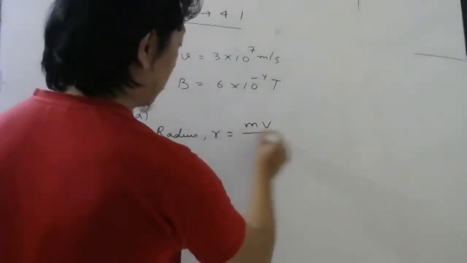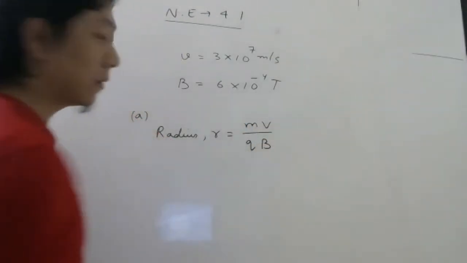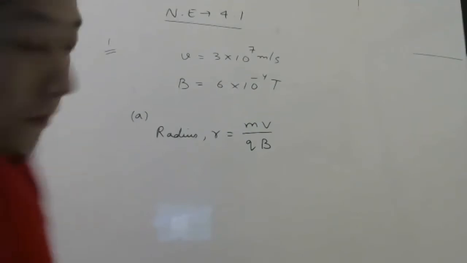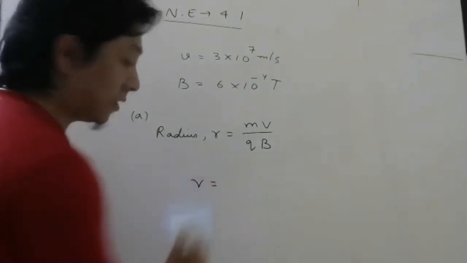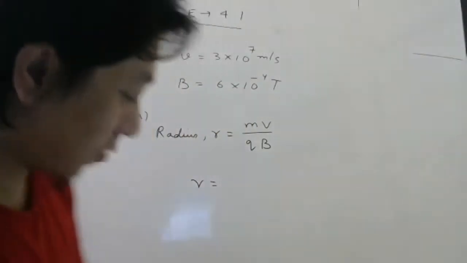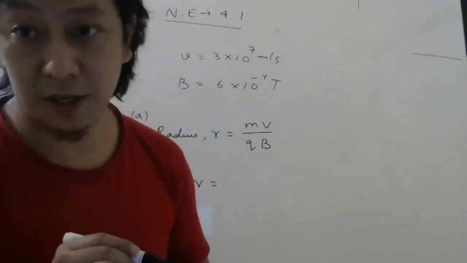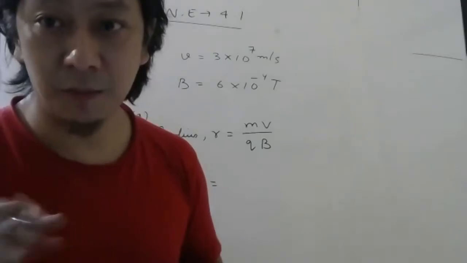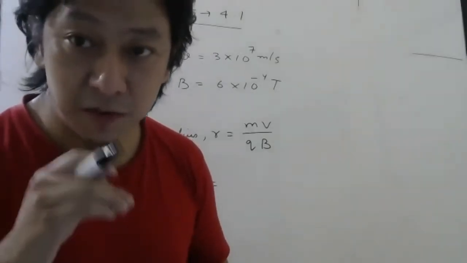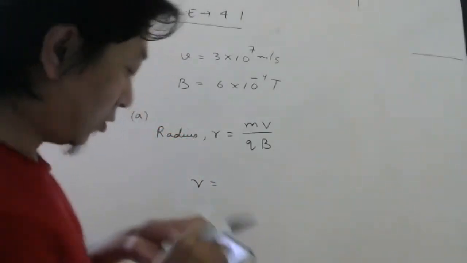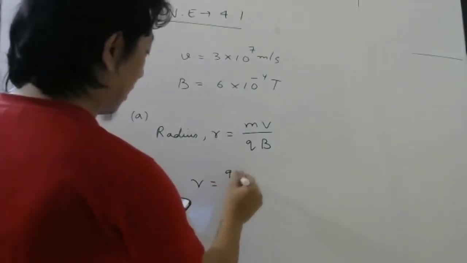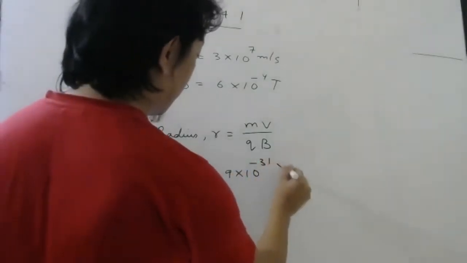So what is the radius formula? mv by qB. So what particle are they using? Electron. What is the mass of electron? Please use the number which they give in the question. You may be knowing some value, but that doesn't matter. Whatever is given in the question, that you should use. So mass is given 9 into 10 power minus 31.